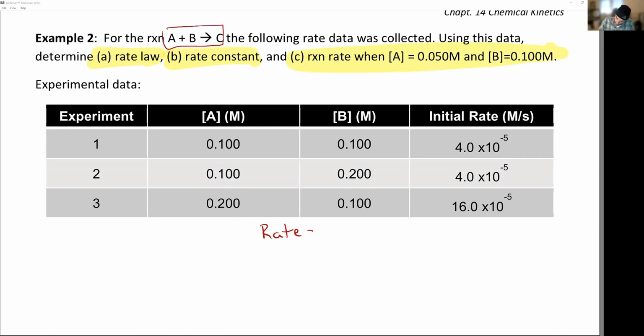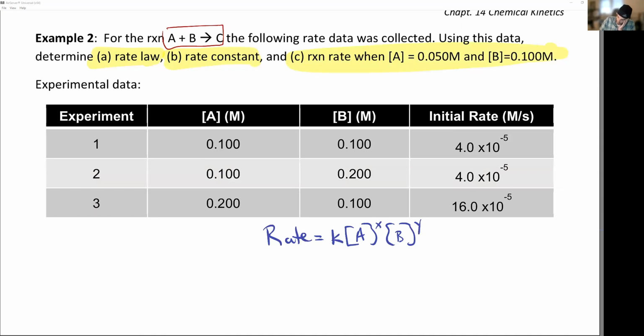Rate is equal to K times the concentration of A raised to the X, concentration of B raised to the Y. That's our generic rate law.